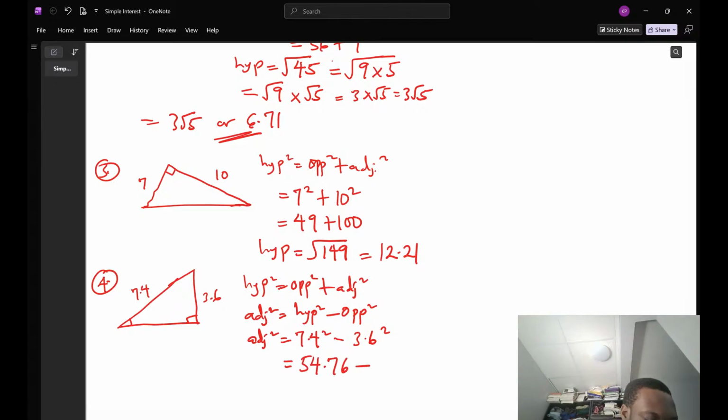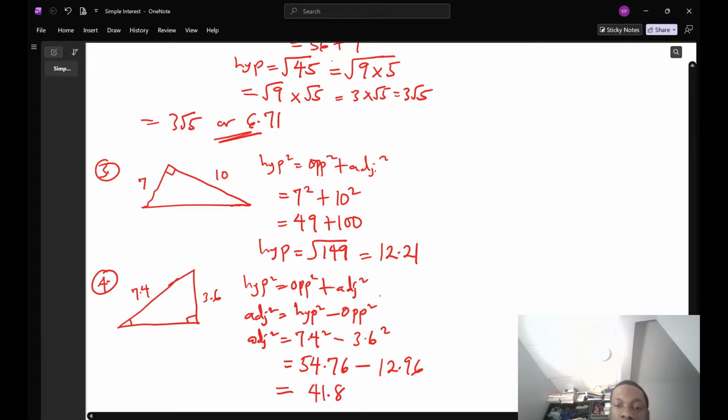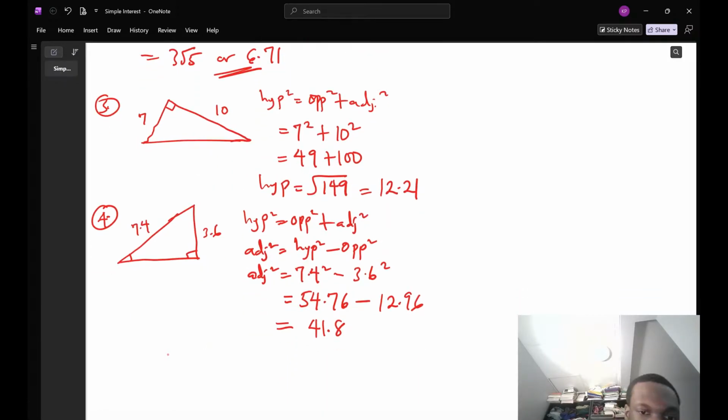Then 3.6 squared gives us 12.96. So we have 54.76 minus 12.96, which gives 41.8. So the adjacent is equal to the square root of 41.8.